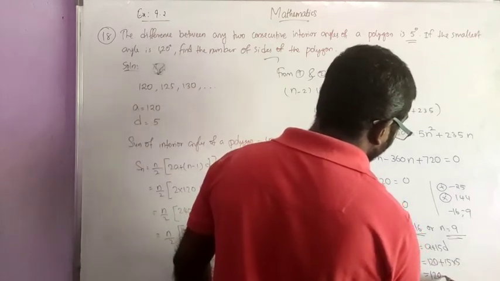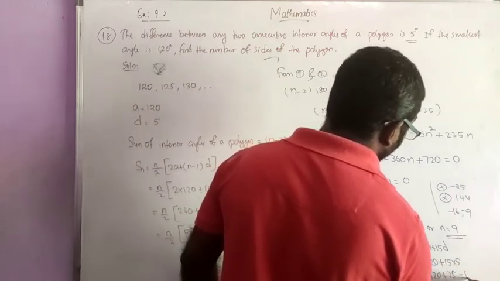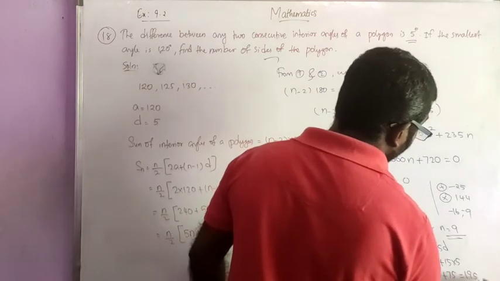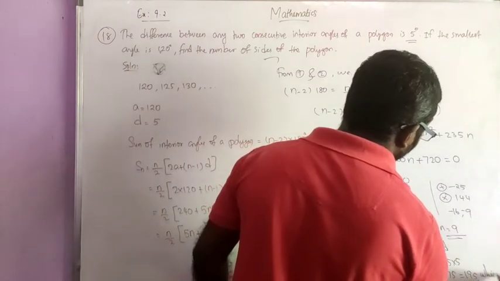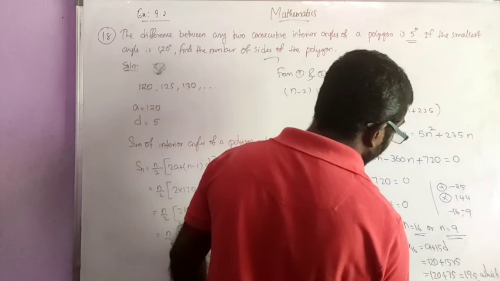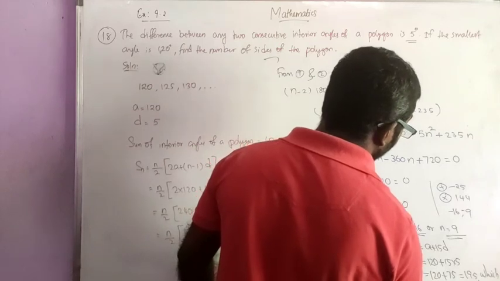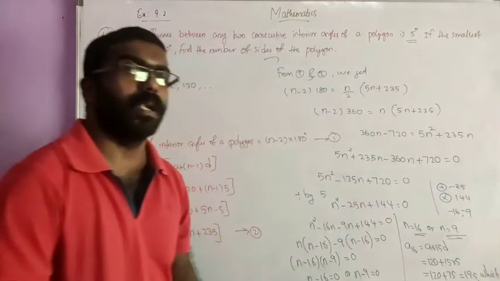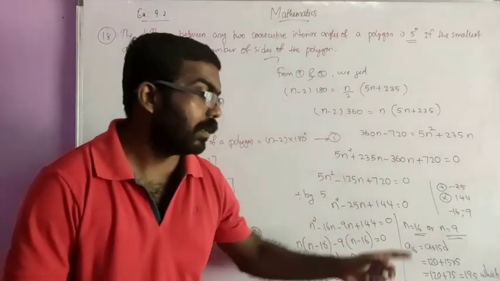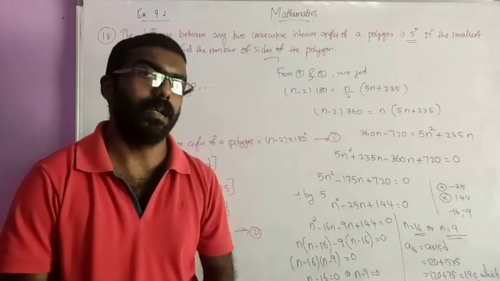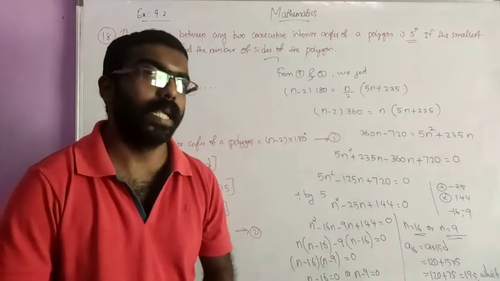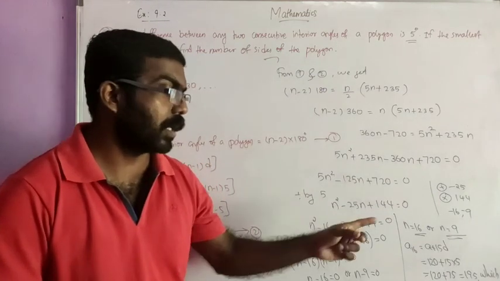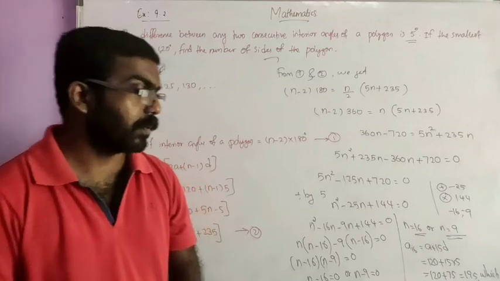That is 120 plus 75, which is equal to 195, and it is not possible. The interior angle of any polygon cannot be more than 180 degree. The measure of one interior angle of a polygon being 195 degree is not possible.